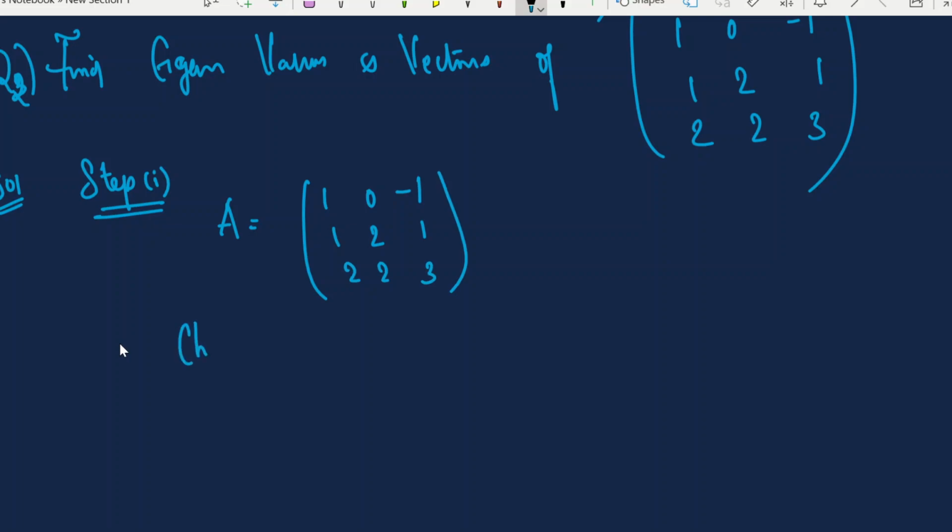Step 1: first give a name to your matrix. So the characteristic equation is the determinant of A minus lambda I equals 0. So this is our 3 cross 3 matrix.